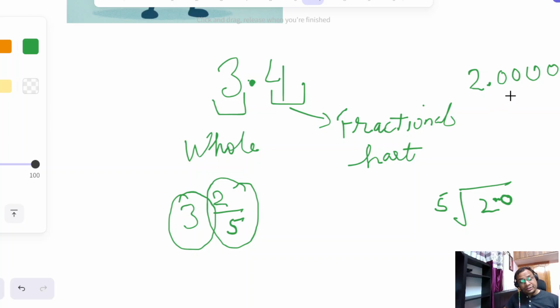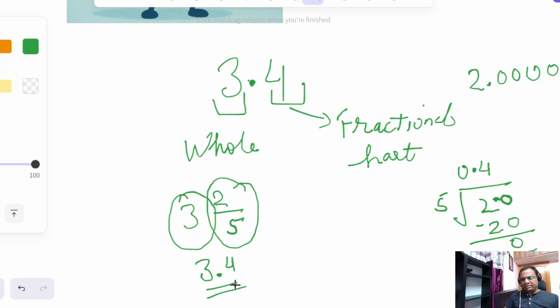Either you write 2.0 or 2.00, it will not change the value of 2, but it will serve a purpose here. So 5 times 4 is 20, and when you subtract, you get a remainder 0. Because there is one place after the decimal here, you should also put one place after the decimal. So 0.4. So basically 3 2 upon 5 can also be written as 3.4.